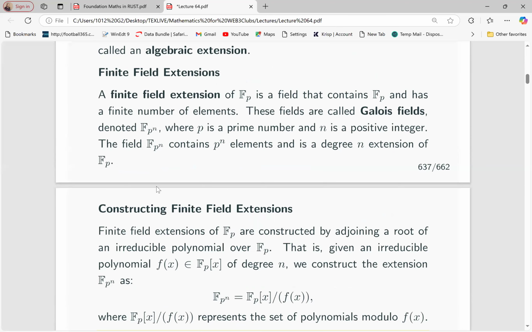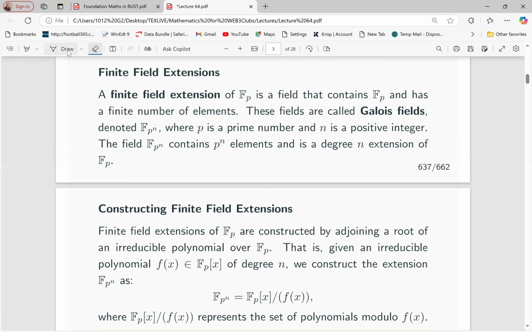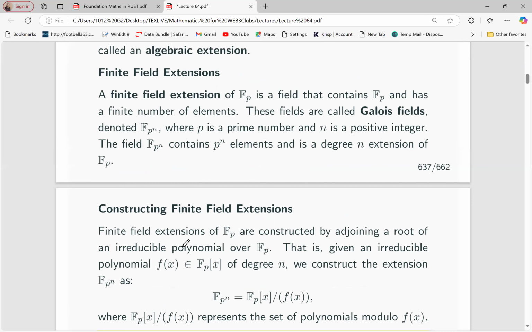Now let's go straight to constructing extensions. This is also just a terminology. I've said a finite field extension of this, so this is our base field. A finite field extension of this will be a field that contains this.